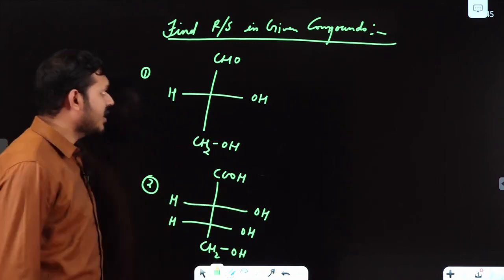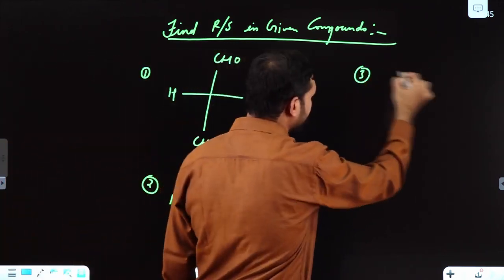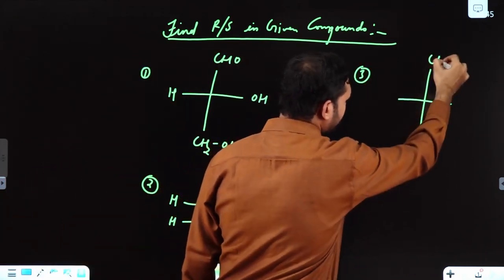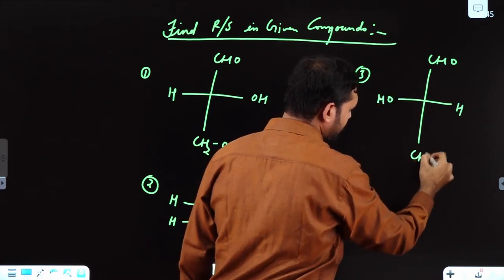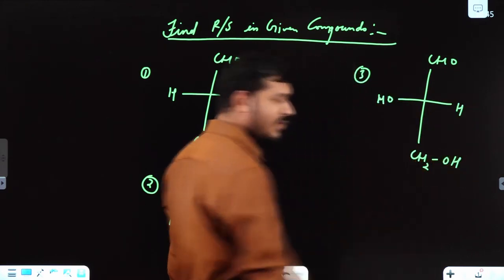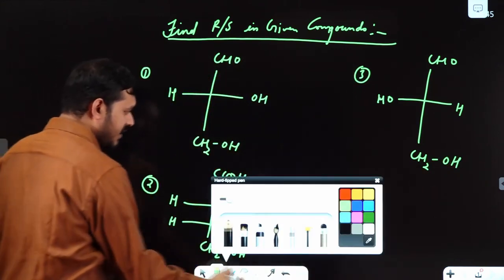Here you have to find out the RS configuration. I am drawing one more case here. I think you must have completed these two cases. Let's check one by one.